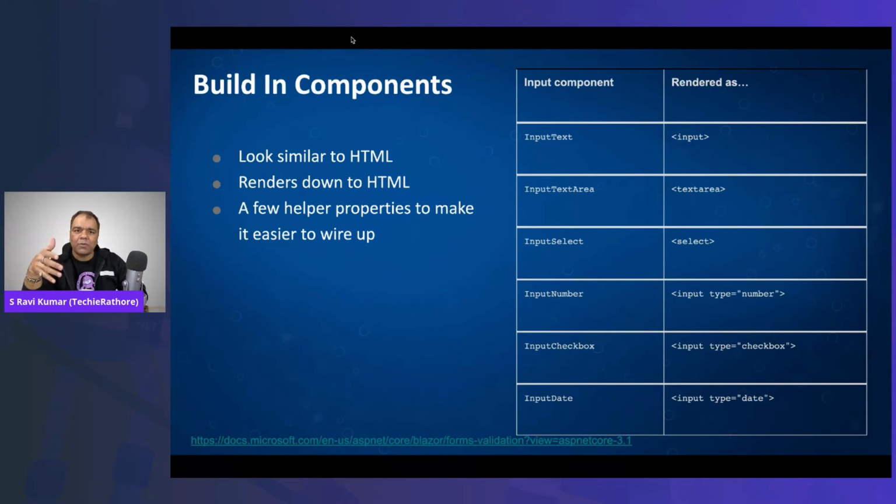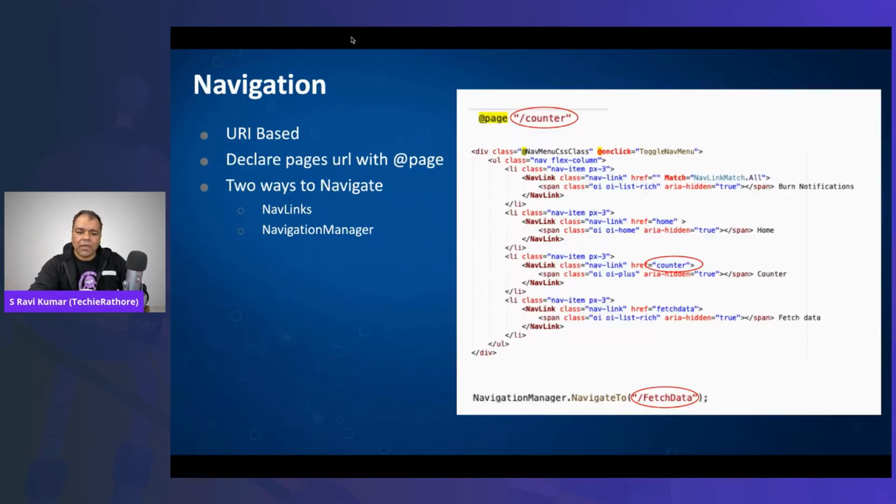There are many components in Blazor which are rendered to HTML, and this is done automatically. Apart from that, navigation in Blazor is URI based. Every page, every screen you create is a component, unless and until you add the page identifier to it.